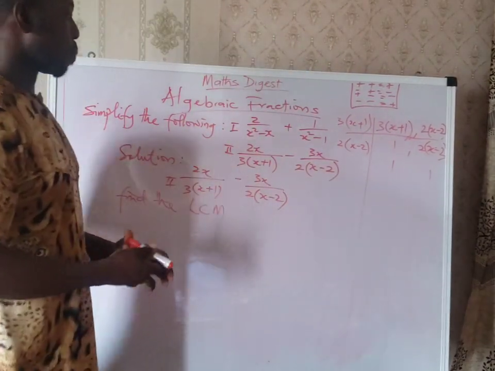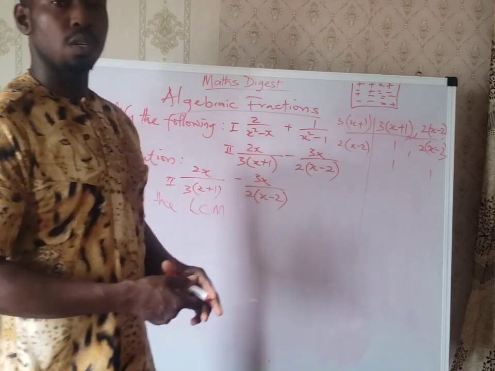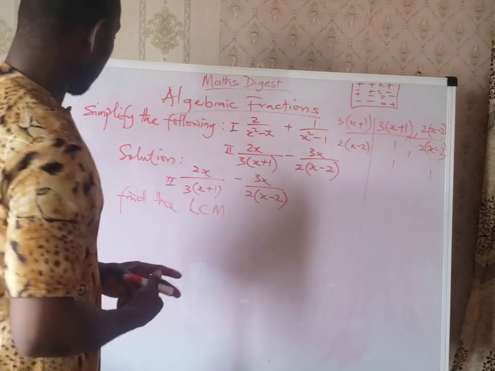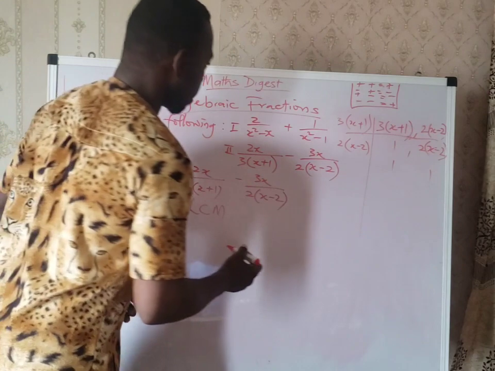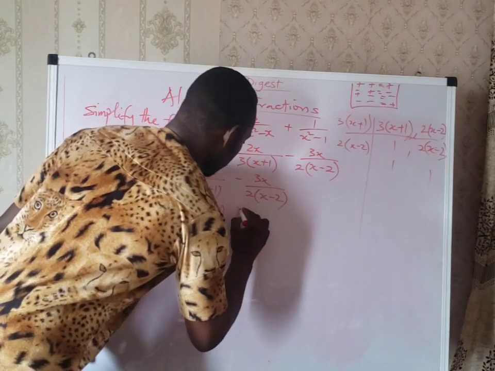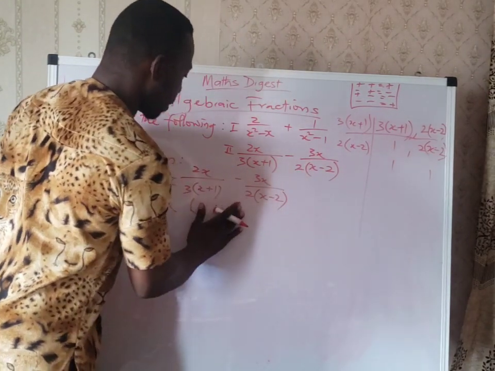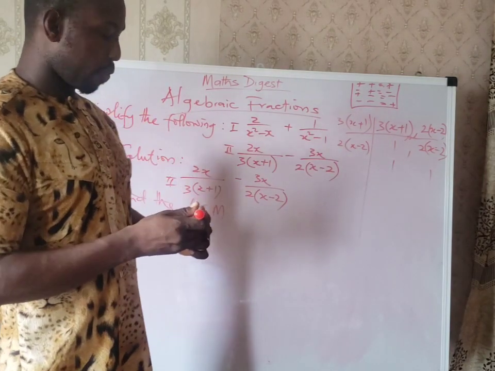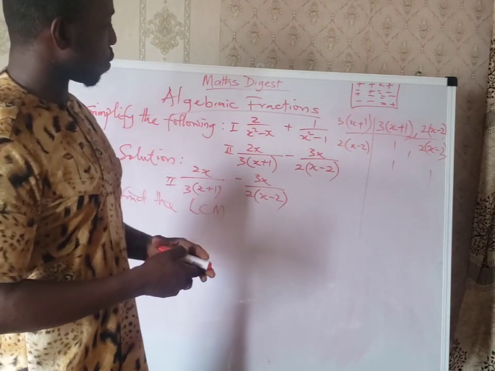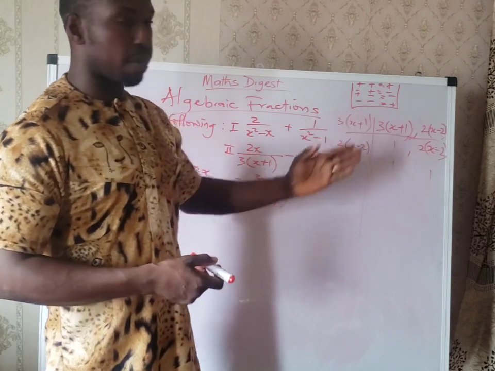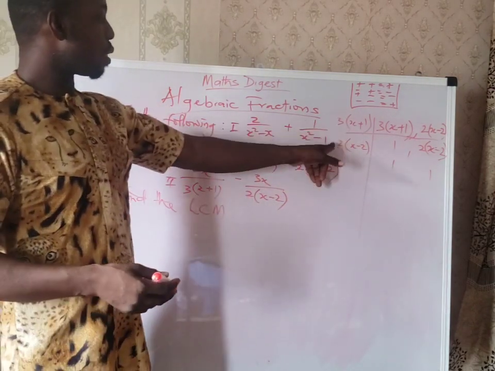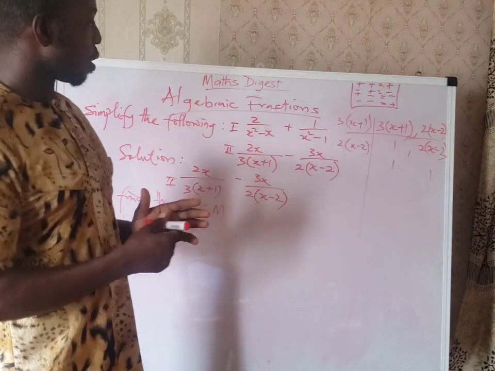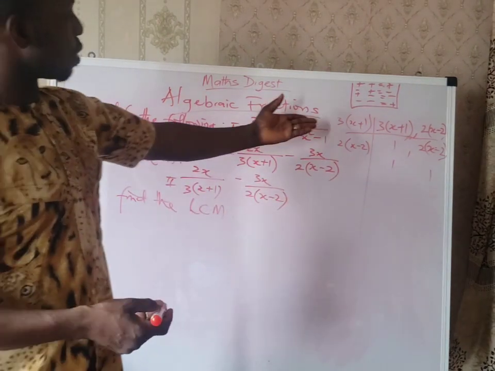Now at this point, we take the product of the two divisors. Remember, just like the first example we did, we can have this in the brackets separately, but the coefficients, we take the product of them.